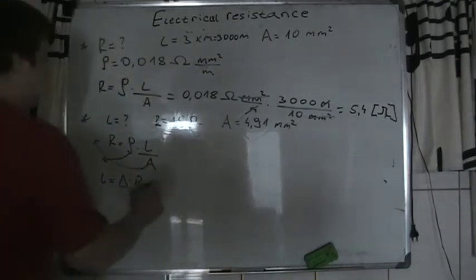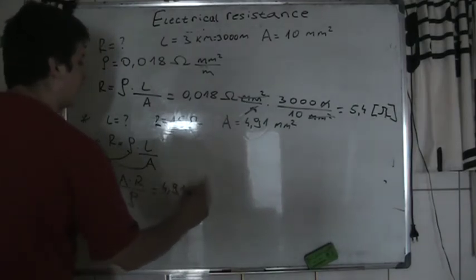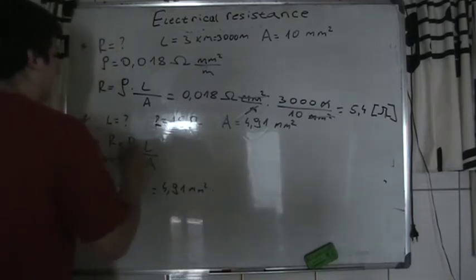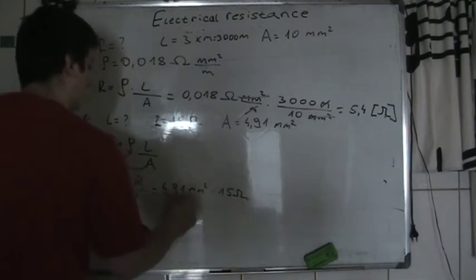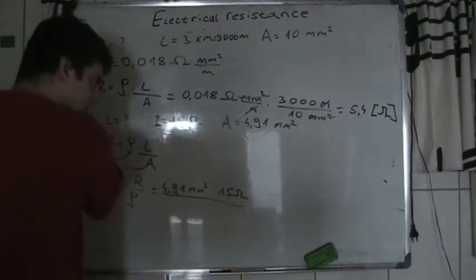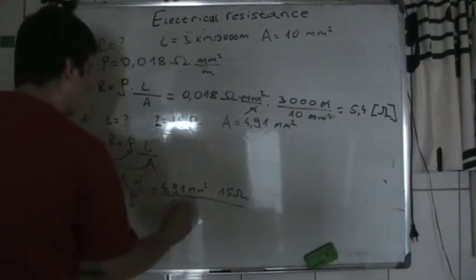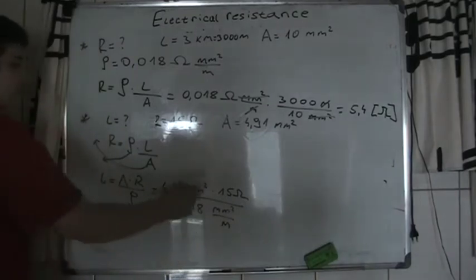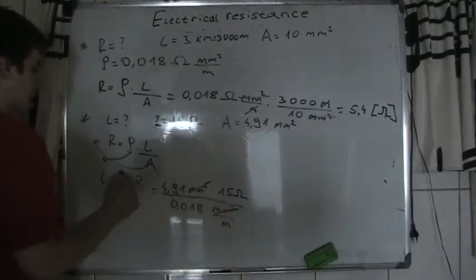So now you have 4.91 millimeters squared times the resistance, which is 15 ohms, divided by 0.018 ohms millimeters squared per meter. Meters cancel each other out.